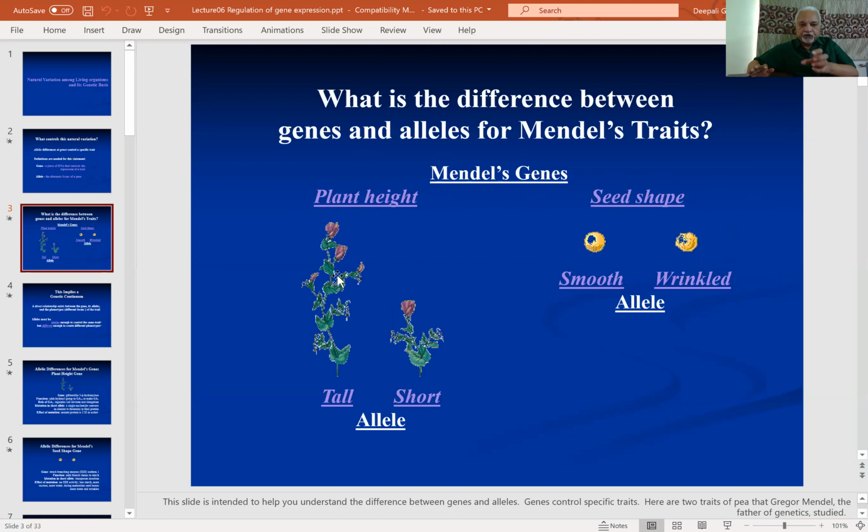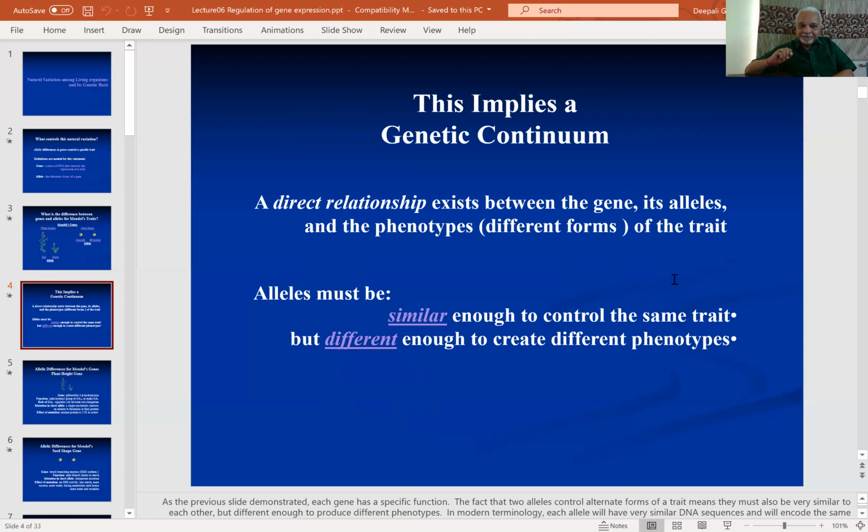So this was observed by Mendel, and then it was later further explained at the gene level. So it means that there is a genetic continuum. What is the continuum I'm talking about? That there is a relationship between gene, alleles, and phenotype. Genes, alleles, and phenotype. There is a relationship. So when we talk of alleles, we have to understand what we mean by alternative alleles.